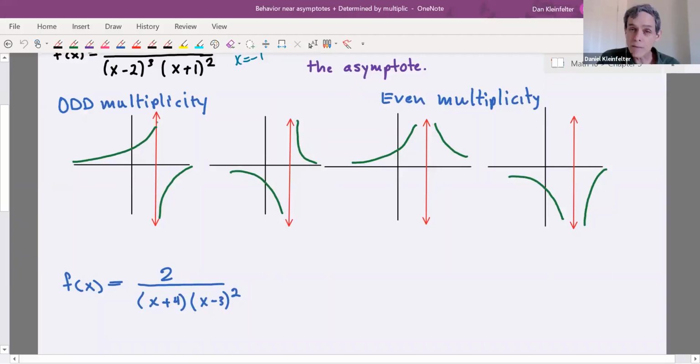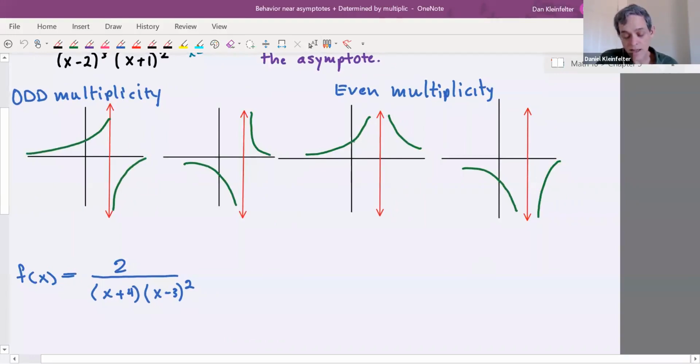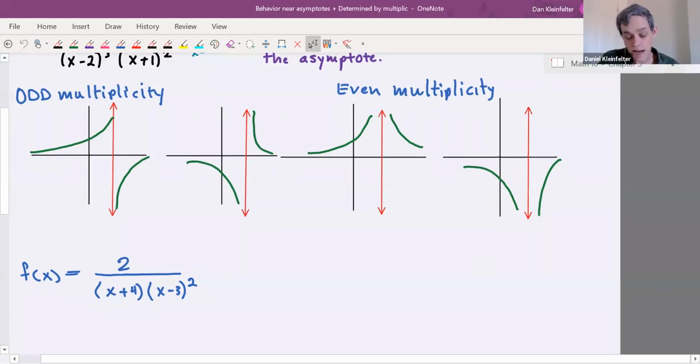Odd multiplicity will lead to the behavior being one side up, the other side down, so the behavior will be split. If the zero is of even multiplicity, you're going to have either both sides up or both sides down. It will take a little more analysis to decide which one it's going to be, but you will know at least whether it's both up or both down.